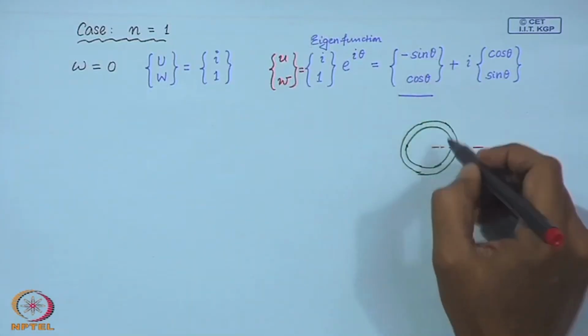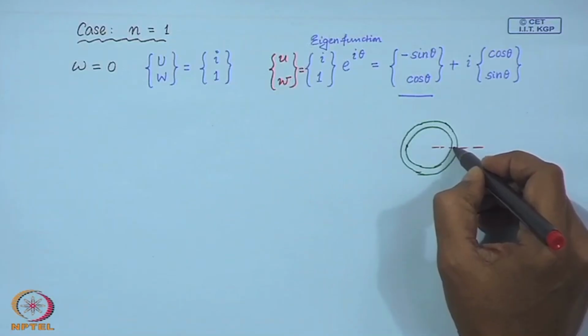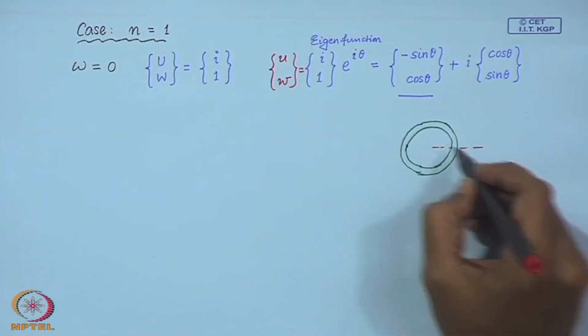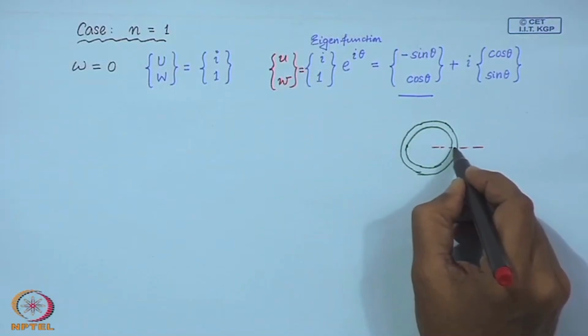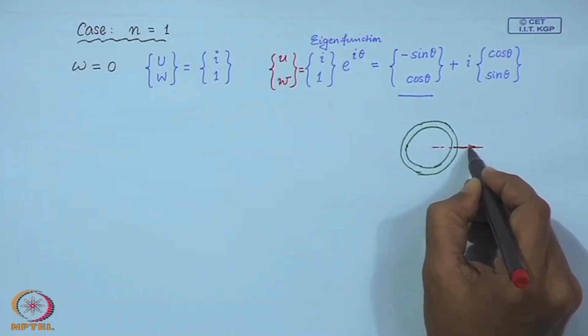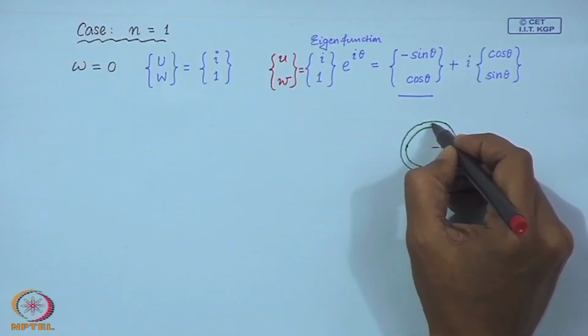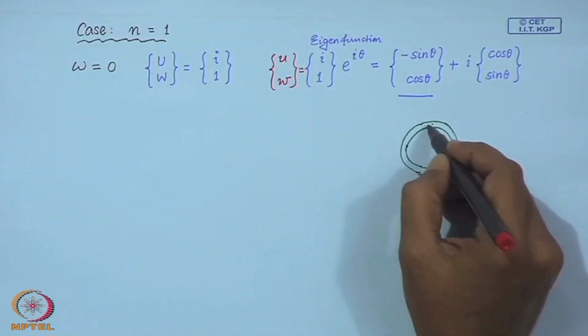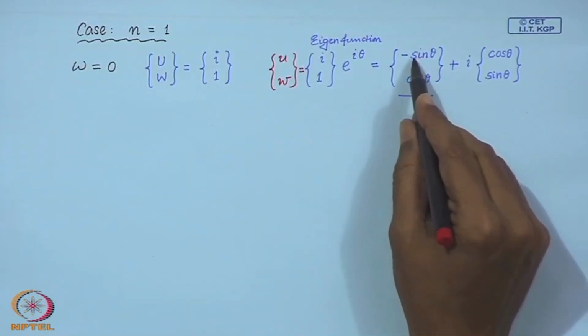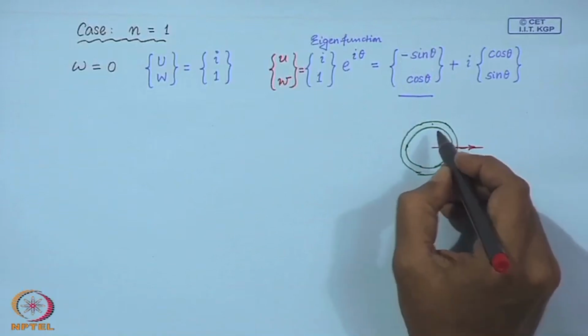So, u is 0 here, whereas w is plus 1, and then you will find that at this point theta equal to pi by 2, so this is minus 1.